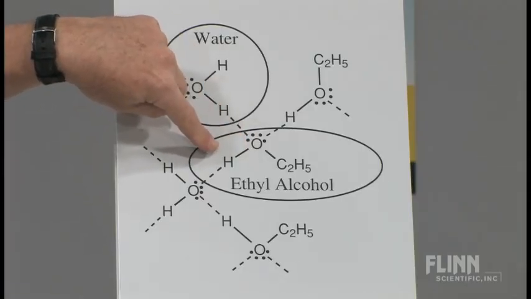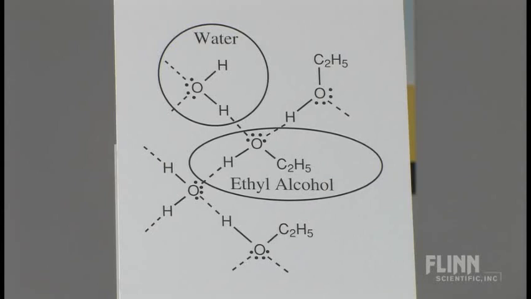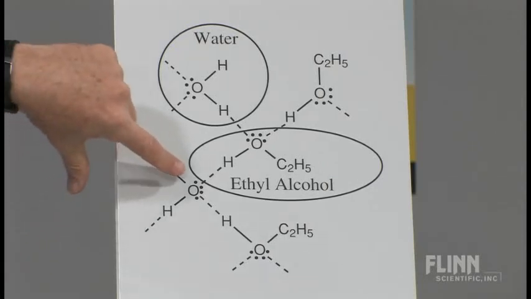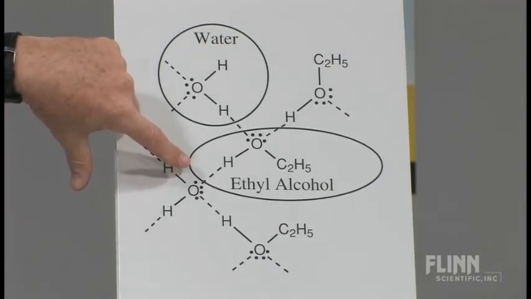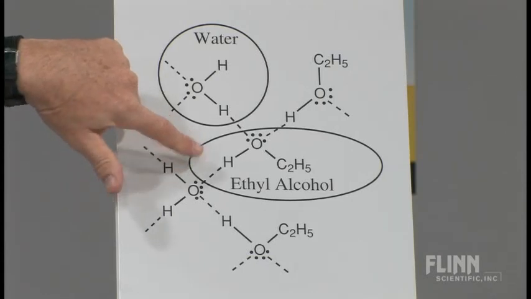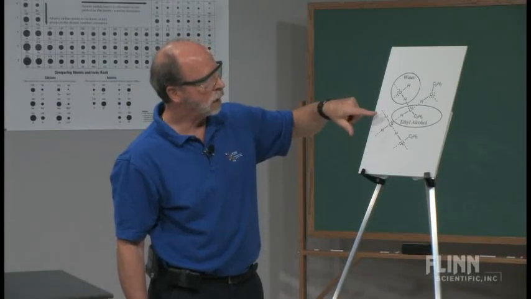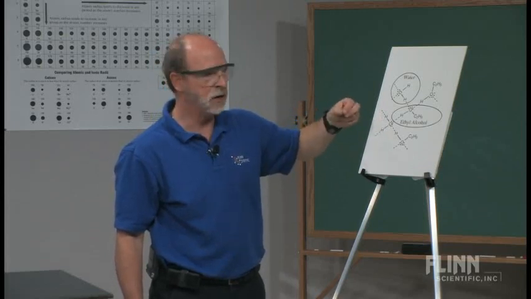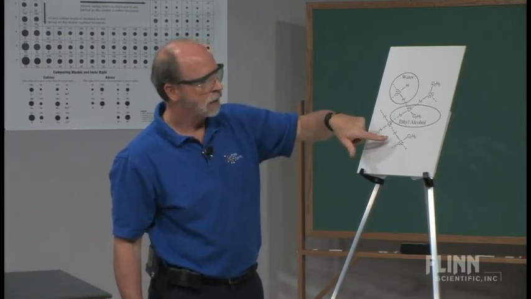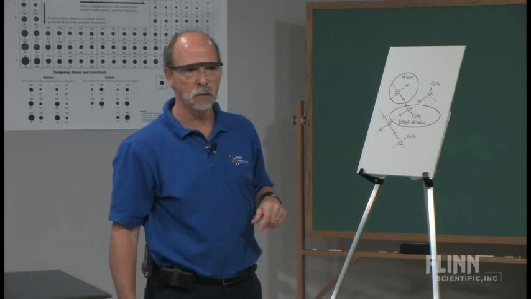That partial positive charge can interact with one of the non-bonding pairs of electrons on the water molecule, creating what is known as a hydrogen bond. Likewise, water can hydrogen bond with itself. Ethanol can hydrogen bond with itself.